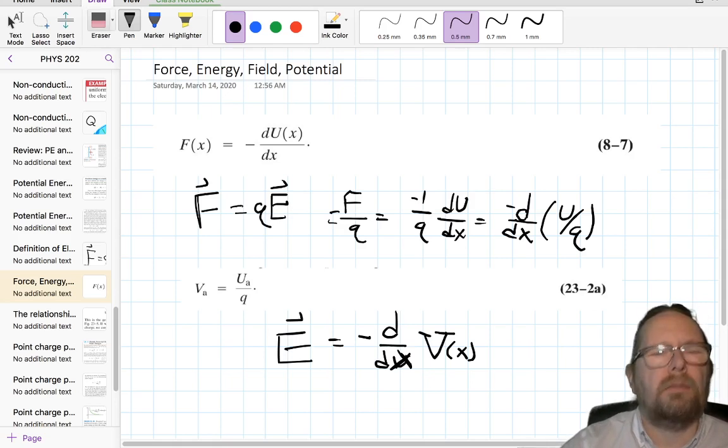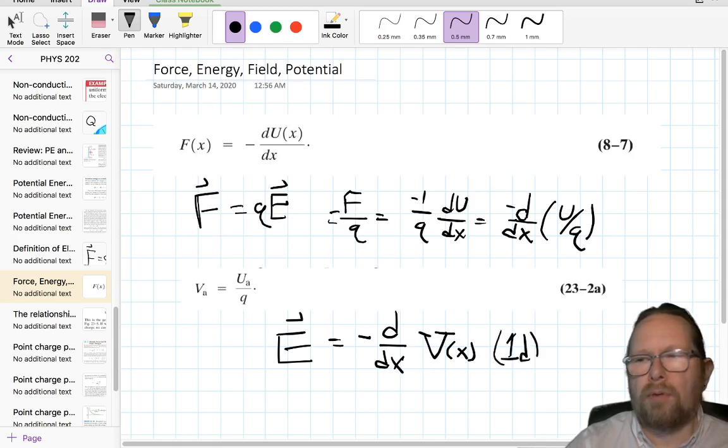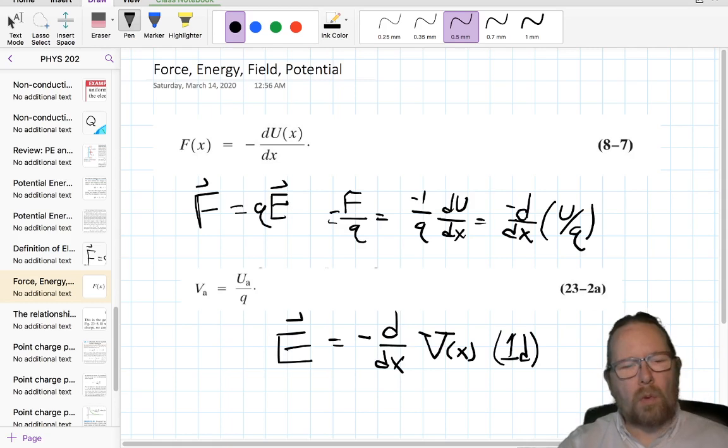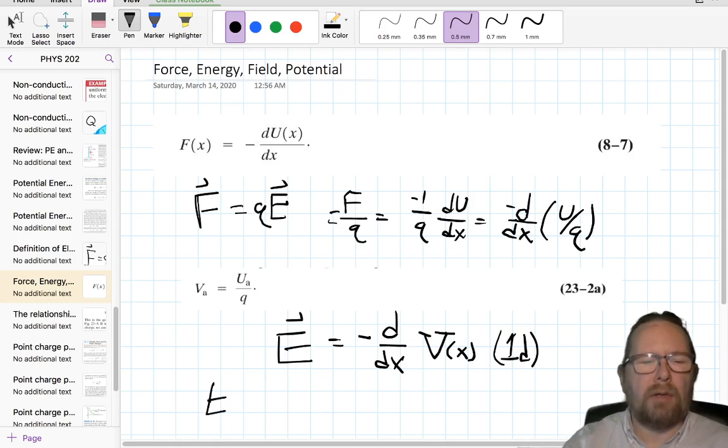Electric field equals negative d/dx of the potential, if we're in one dimension. If we're in three dimensions, we write that the electric field is equal to the negative gradient of the potential, which is a function of position in three-dimensional space.